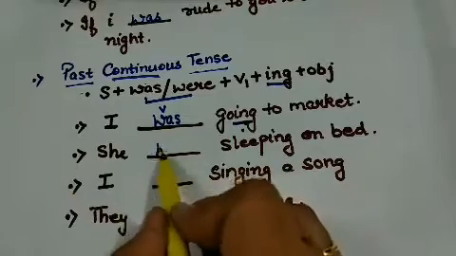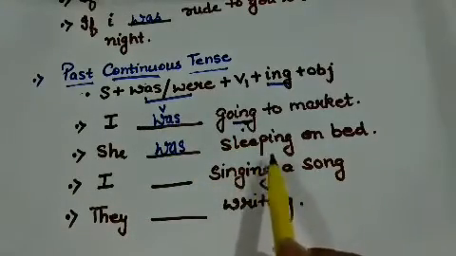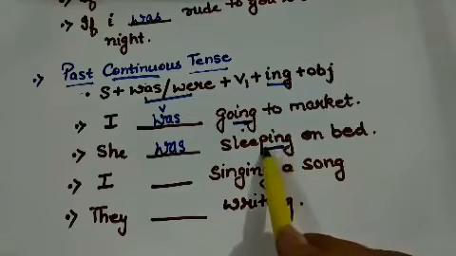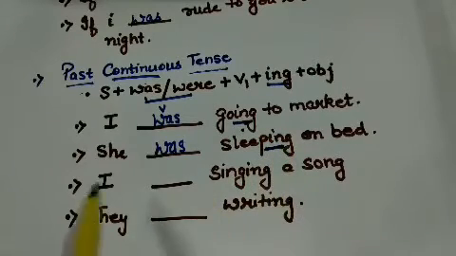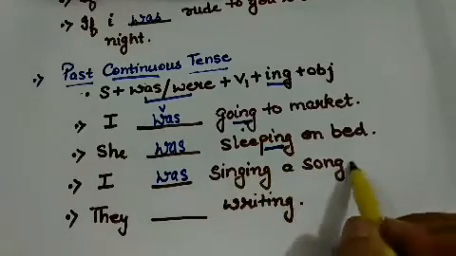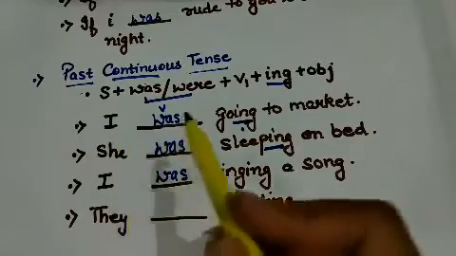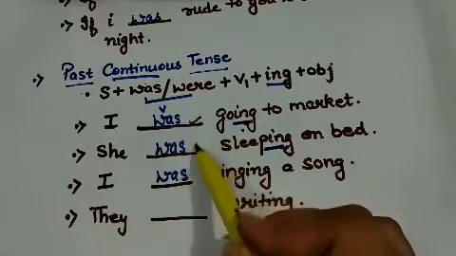She was sleeping on bed. Again, a past continuous. We can see ing form. Now, I was singing a song. See, all the sentences are singular, hence I have used was with them.